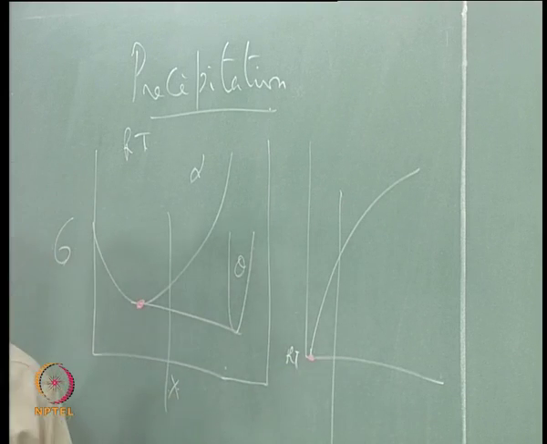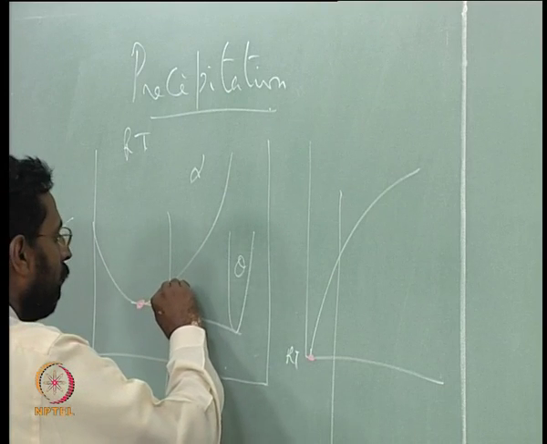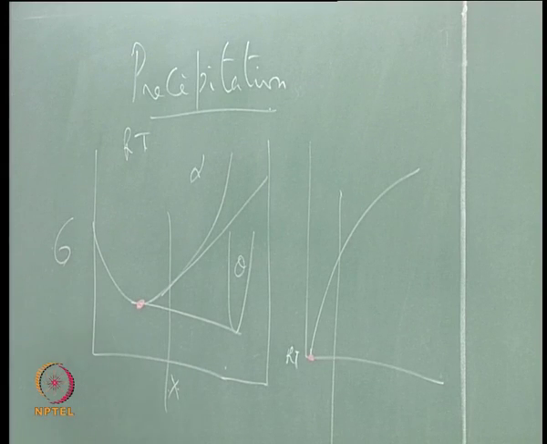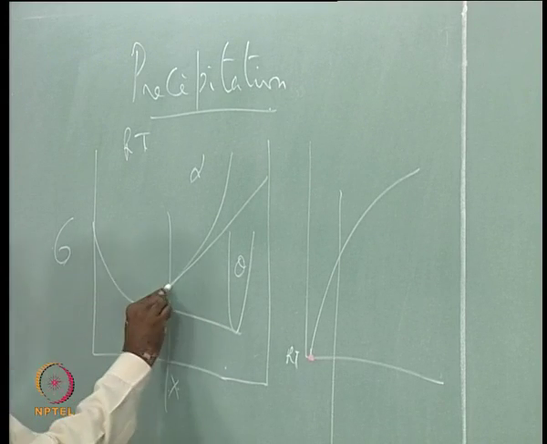At this temperature, if it starts precipitating theta, the driving force for the nucleation of theta is always given by the line which is a tangent for the alpha at the alloy composition.